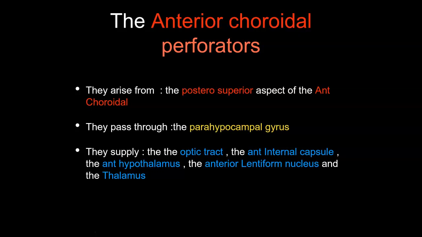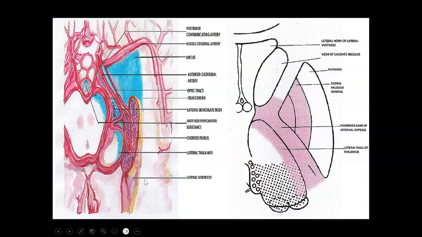Also, as we said, the branches of the circle of Willis, and we have the anterior choroidal perforators. All the perforators are from the posterior surface of the vessel, and they pass through the parahippocampal gyrus, and they supply optic tract, internal capsule, hypothalamus, thalamus, lentiform.